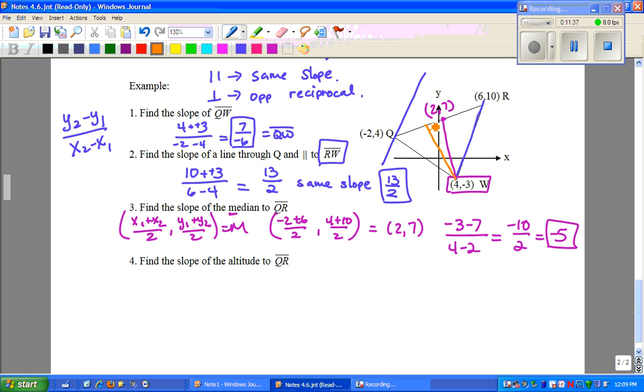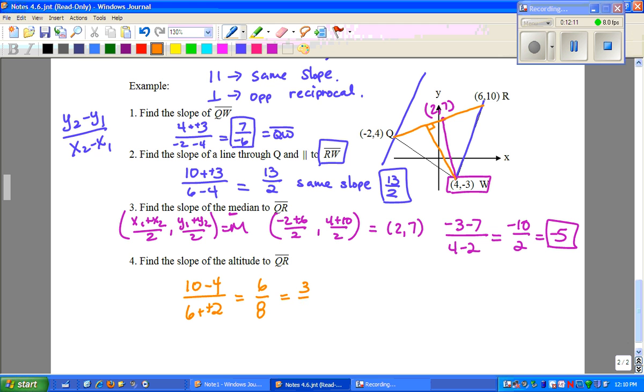But what we did learn, though, is that if lines are perpendicular, what do they have? They have the opposite reciprocal. So we can't directly find the slope of the orange line by using the formula. What we can do is we know it is perpendicular to QR, right? So can we find the slope of QR using the points? Yeah, let's do that. We have 10 minus 4 over 6 minus negative 2, giving you 6 over 8, because it turns into a plus sign.